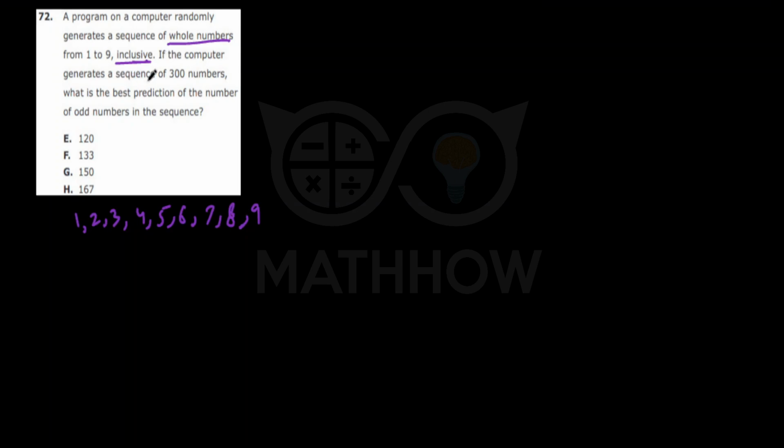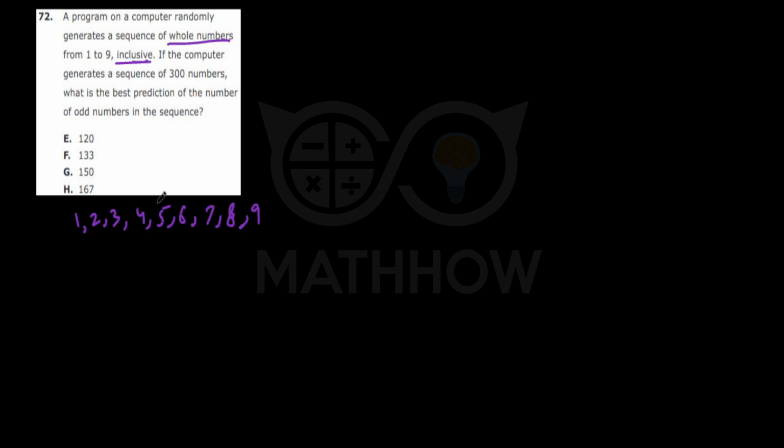If the computer generates a sequence of 300 numbers, what is the best prediction of the number of odd numbers in the sequence? We have been given the small sample. We can use the number of odd numbers from this sample to predict how many odd numbers will appear in these 300 numbers that this same computer will generate. So count how many odd numbers are in this small sequence.